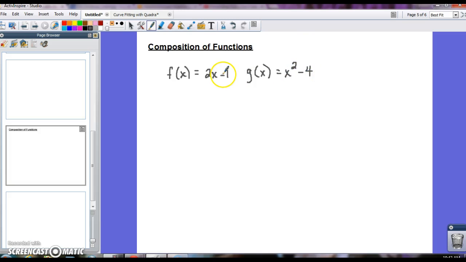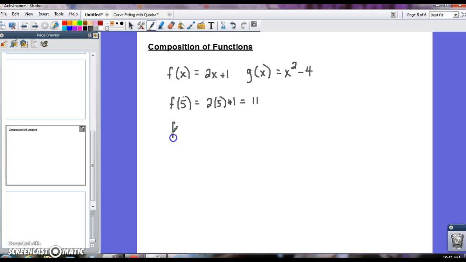Maybe it was 2x plus 1. Doesn't really matter. A composition of functions, that simply means, instead of doing f of 5, which would tell you, just replace x with 5, 2 times 5 plus 1, which would give you 11.